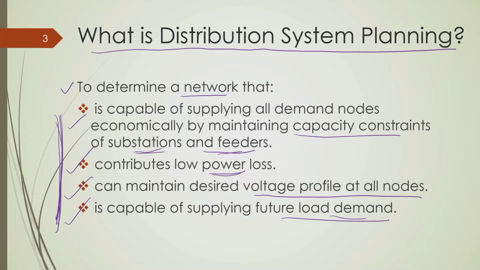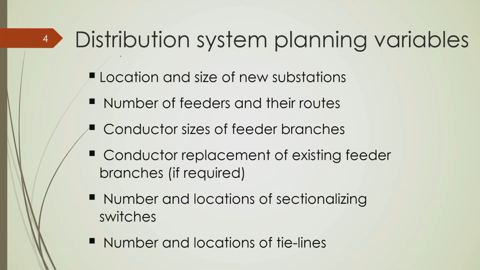Now, we have some planning variables or decision variables which we need to determine through an approach. And what are the planning variables we have? We have to decide about the location and size of the new substation, as well as the capacity addition of the existing substation. So, these are decision variables.